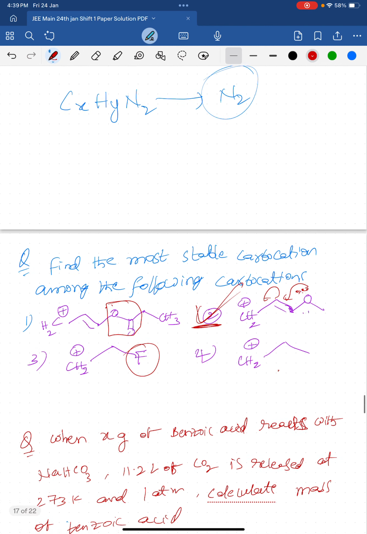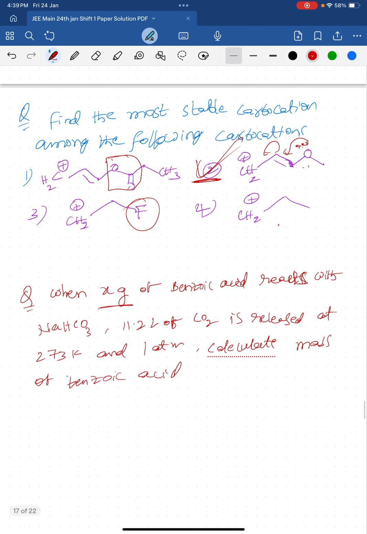We are expecting the answer. When X grams of benzoic acid reacts with NaHCO3, 11.2 liters of CO2 is released at 273 Kelvin and 1 atm. Calculate the mass of the benzoic acid. This is the test for benzoic acid.